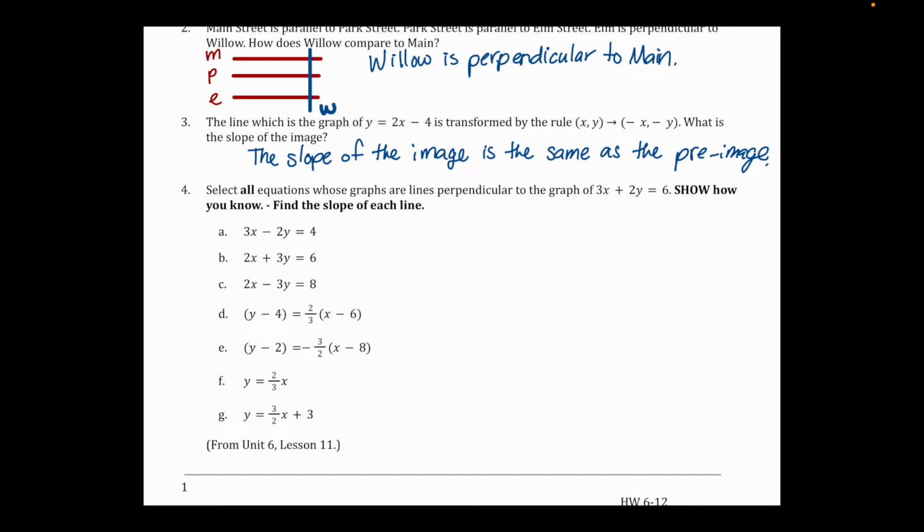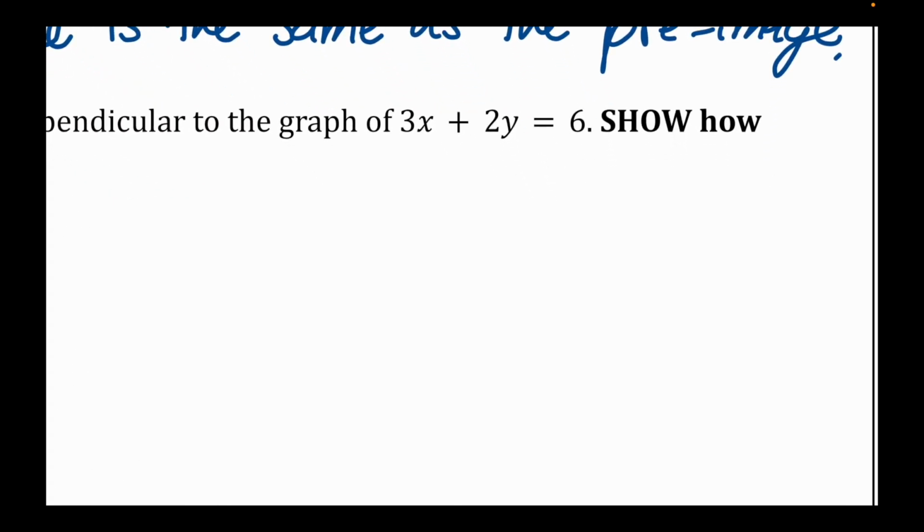Now, if we find the slope of this first one, we can do that by putting this into slope-intercept form. That would be done by subtracting 3x from both sides. So you'd have 2y equals negative 3x plus 6.